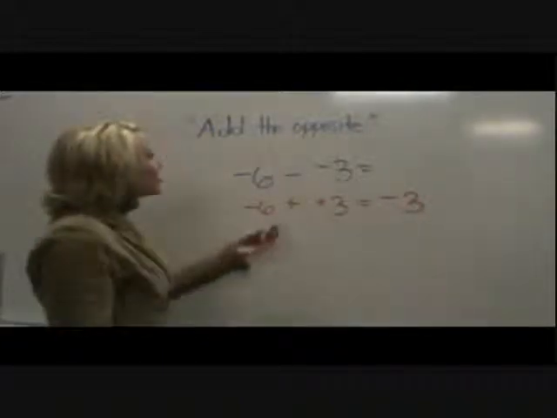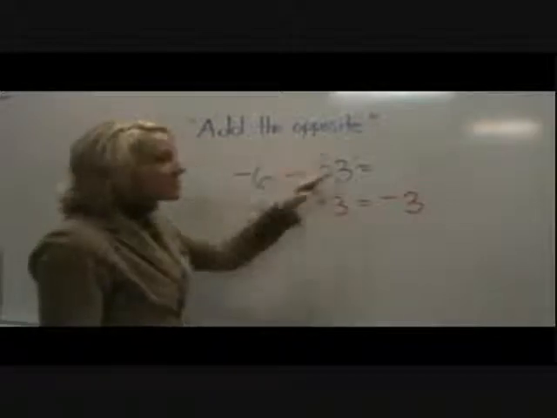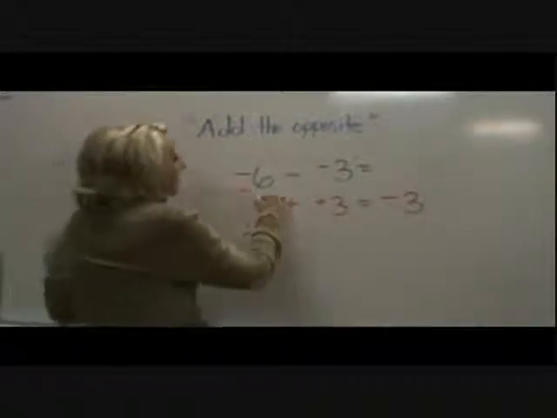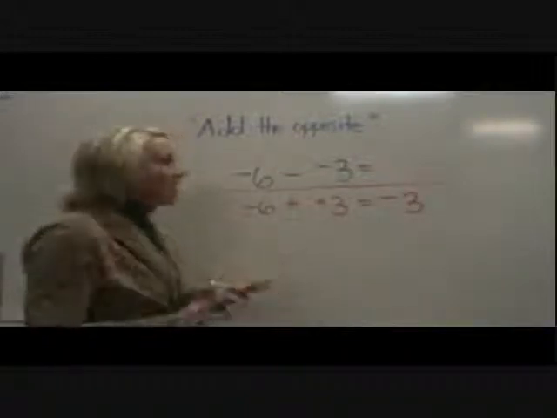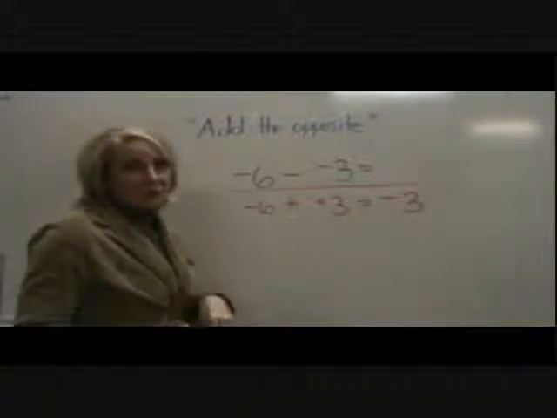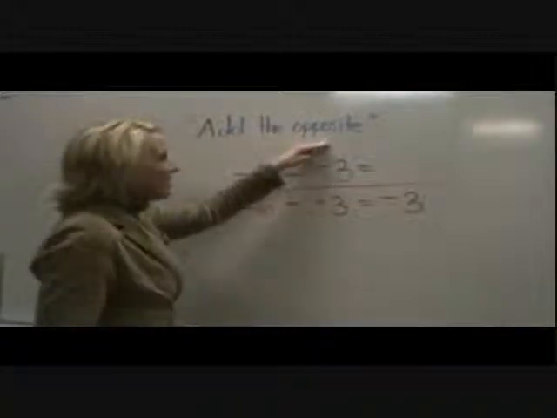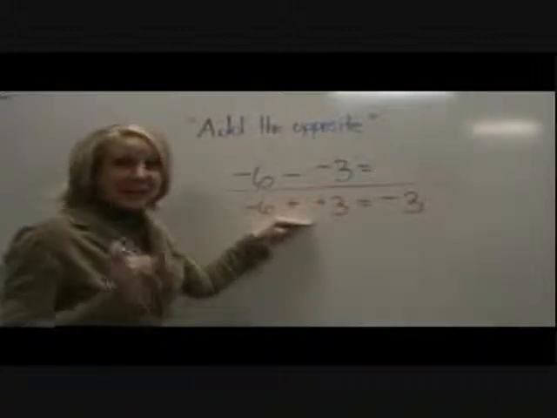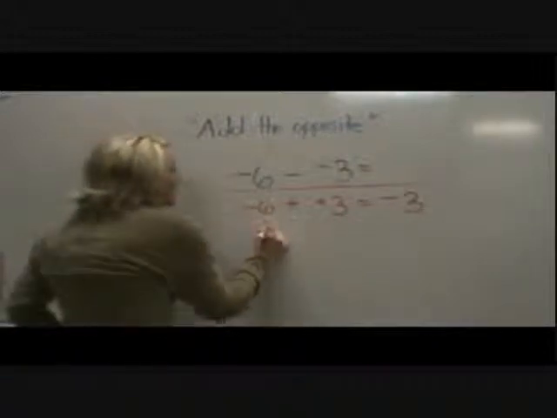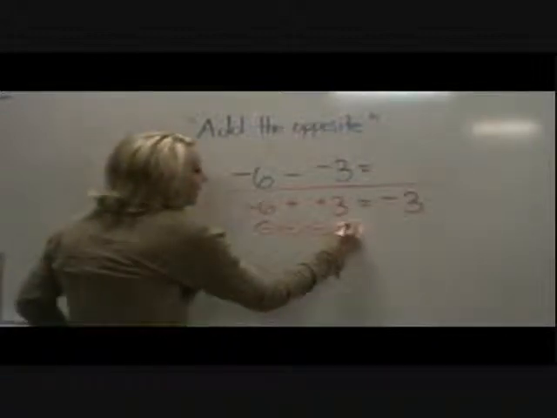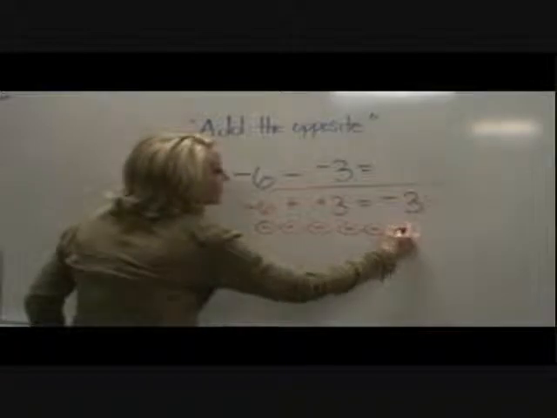So as long as the student remembers to do this extra step and you end up with this problem that I have here in red, if it's too hard to remember all the rules, the student can always draw a picture. So as long as they remember this step and they get the problem set up correctly, then the student can draw their picture. So we would have 6 negatives. 1, 2, 3, 4, 5, 6.